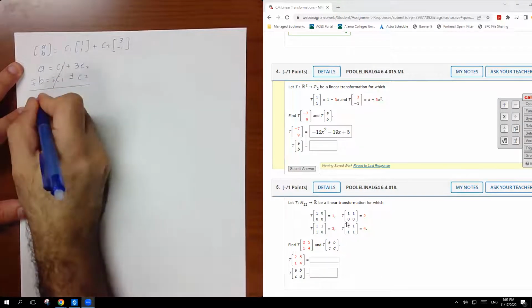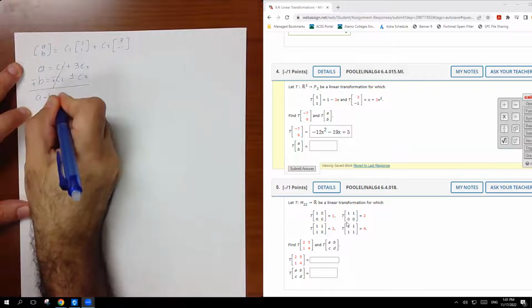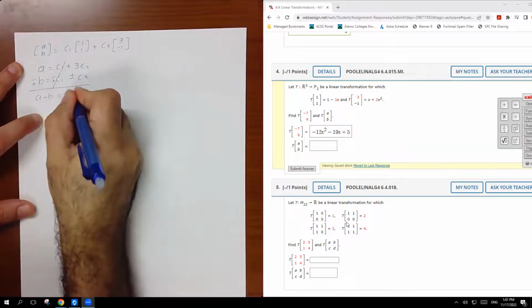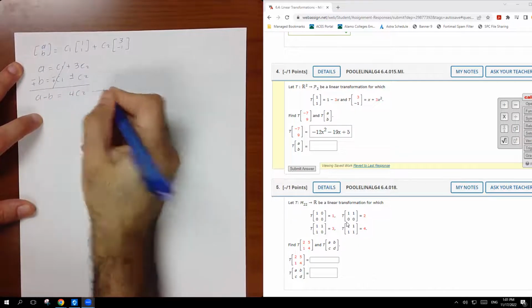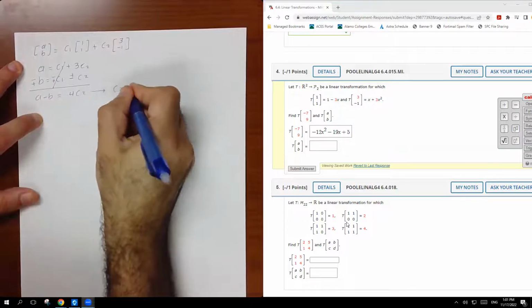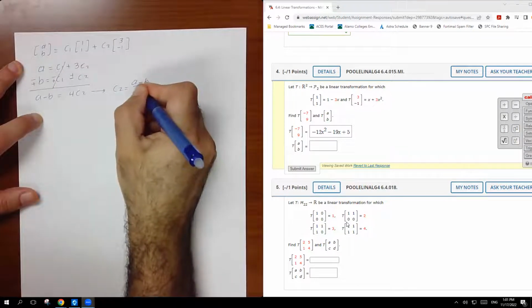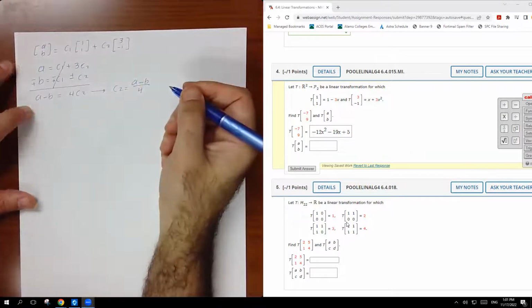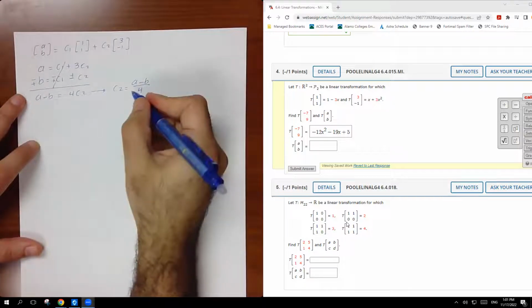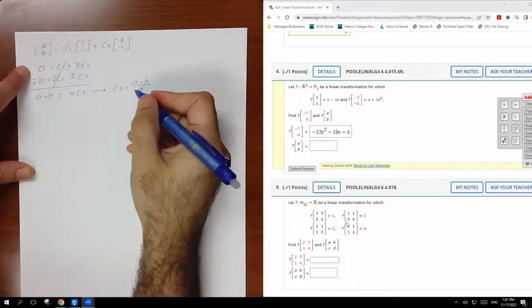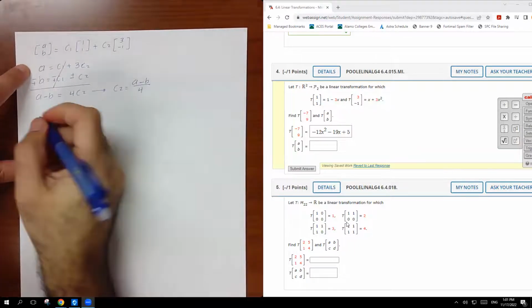Cancel this one, so it's going to be A minus B equals 4C2. In this case, C2 is going to be equal to A minus B over 4. So this is the value of C2. Now let's plug C2 into one of these equations to get C1. I'm going to use the first one.